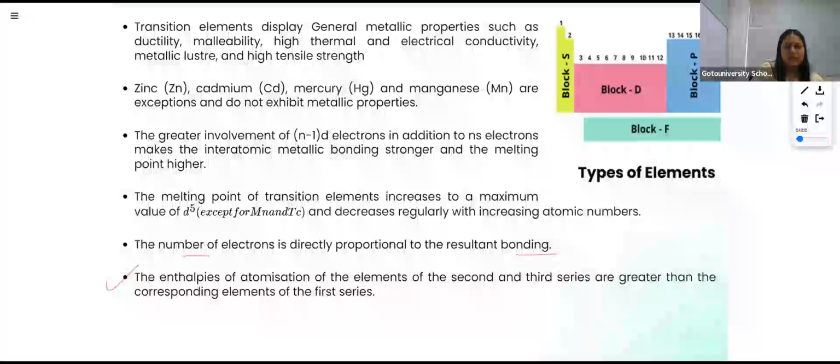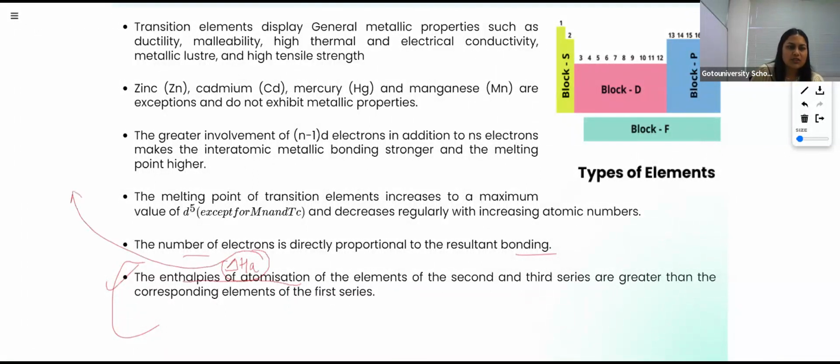Right. Now the enthalpies of atomization of the elements. What do we understand from this enthalpy of atomization? The next property transition elements show is the enthalpy of atomization, which is also represented as delta H a. Now, what is this enthalpy of atomization?